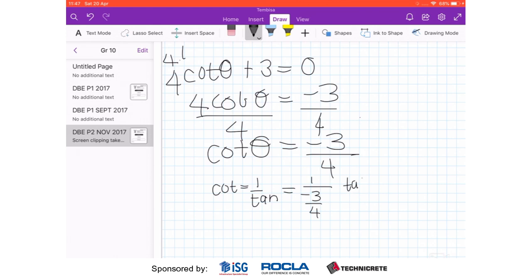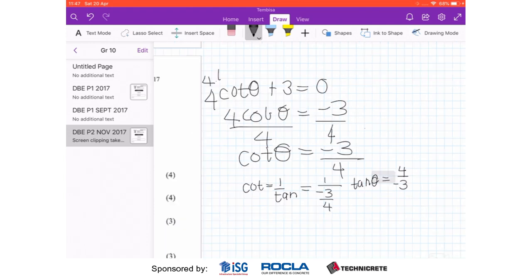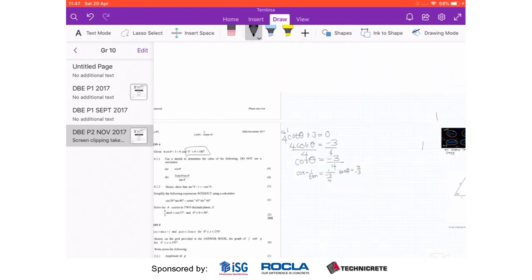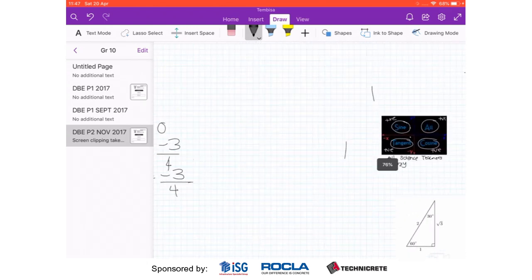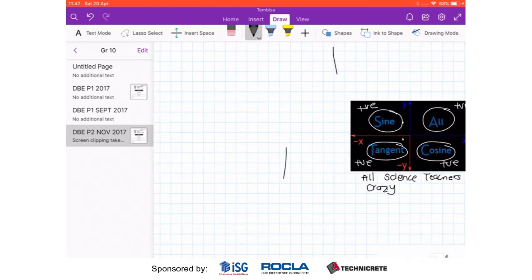So tan of theta is equal to negative 4 over 3. The 3 still stays as negative, because that was where the negative was. So now that we know that tan is negative, and it's only falling between 0 and 180, it's got to be in quadrant 2.